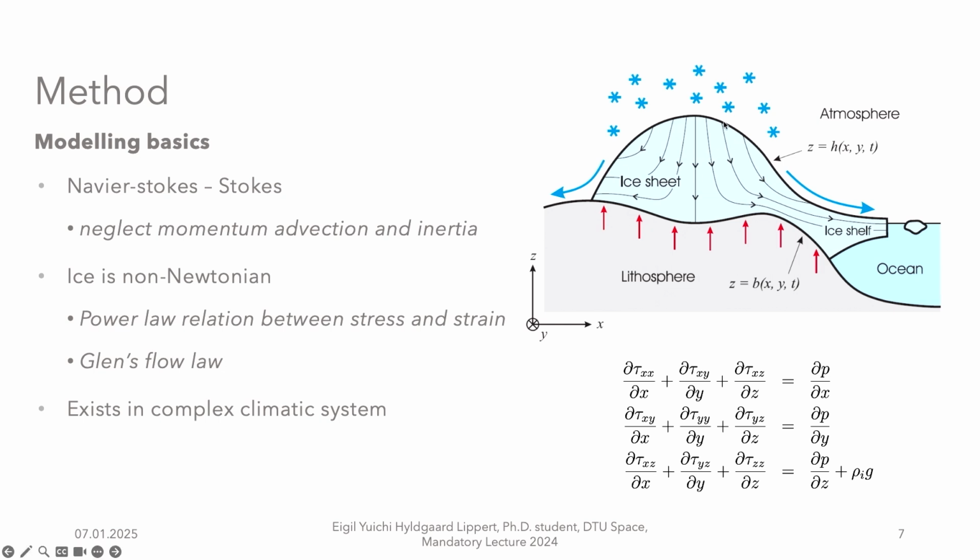More schematically, what is going on is that when snow accumulates and with time becomes ice, then if you get enough mass, it will start flowing under its own gravity, and it will flow, roughly speaking, like this. So it will flow from the middle and out to the edges due to deformation from gravity.